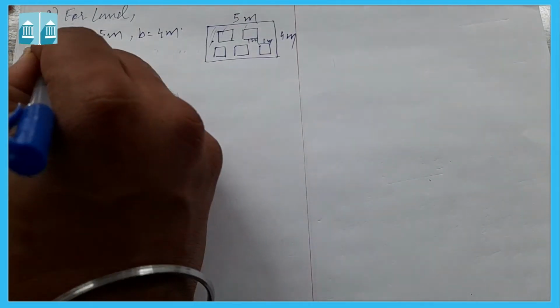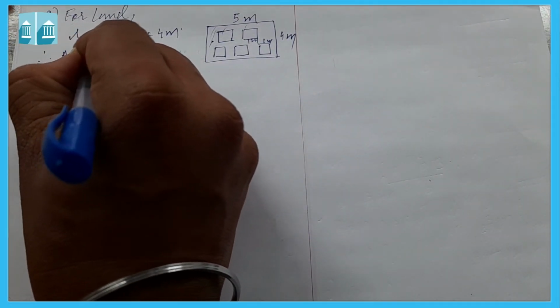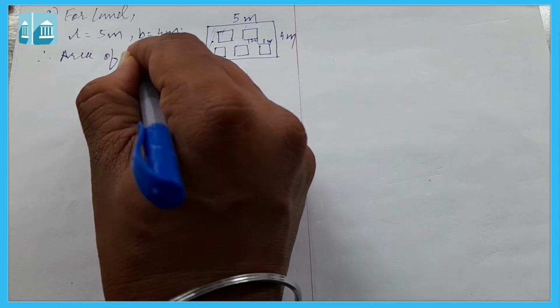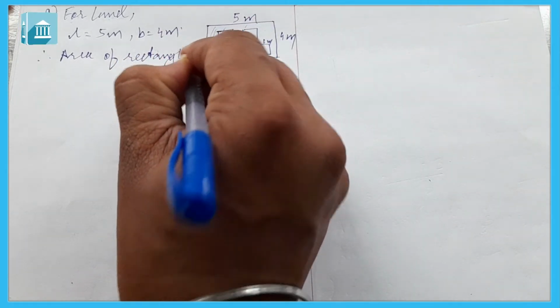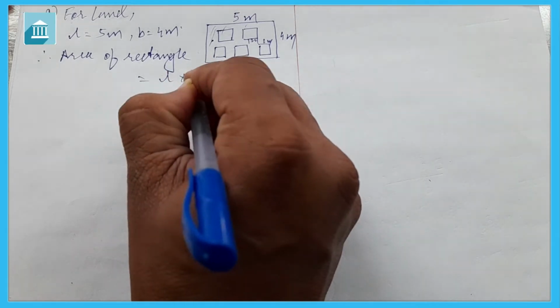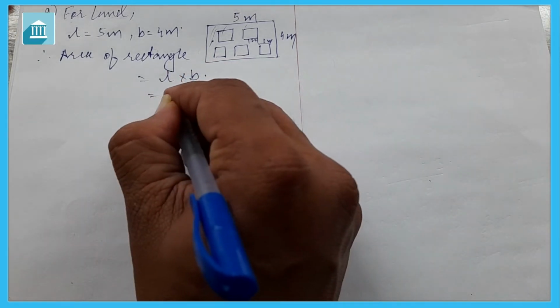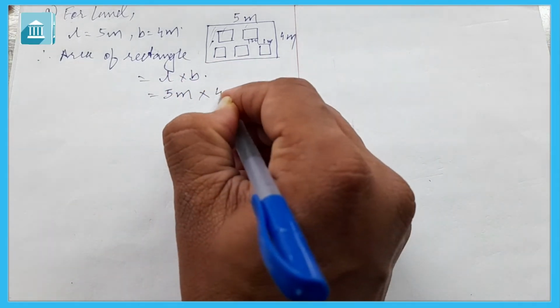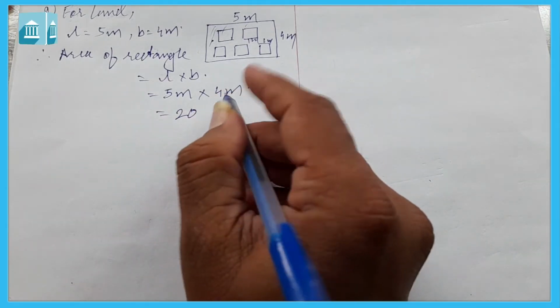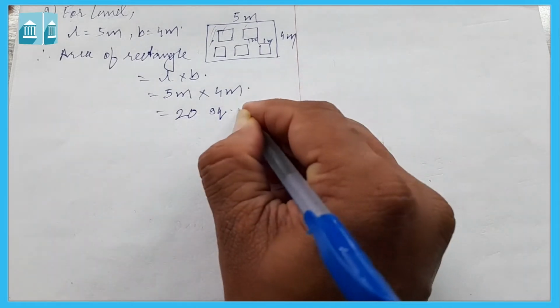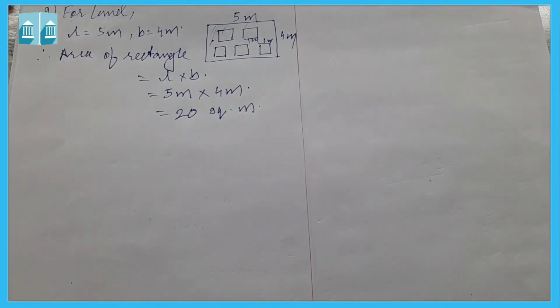Therefore, area of rectangle is equal to L into B, that is equal to 5 meter into 4 meter, which is equal to 20 square meter.